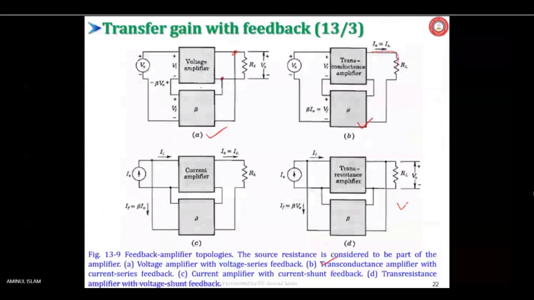Yeah, 13-9b is this one. This diagram. This is the configuration where, when sampling the current, it is put in series. And yes, this side also, Vf is getting applied for this configuration.